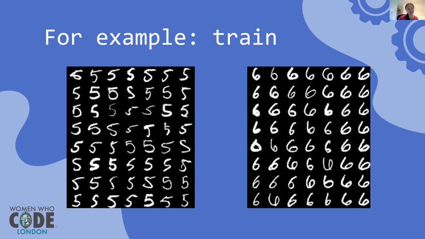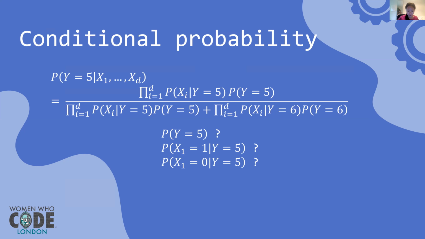So the chance of the first pixel being 1 on the condition that the picture is 5. So what does it calculate? It is actually of all these pictures where the image actually says 5, out of all these numbers.